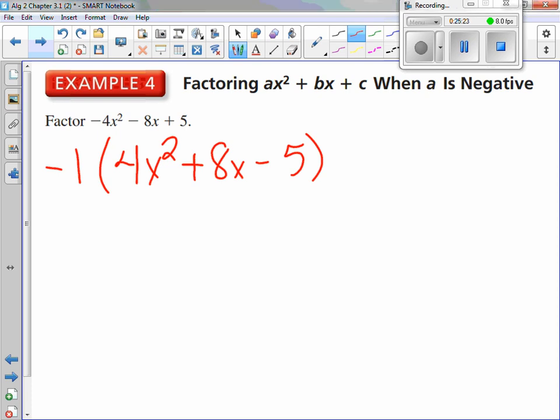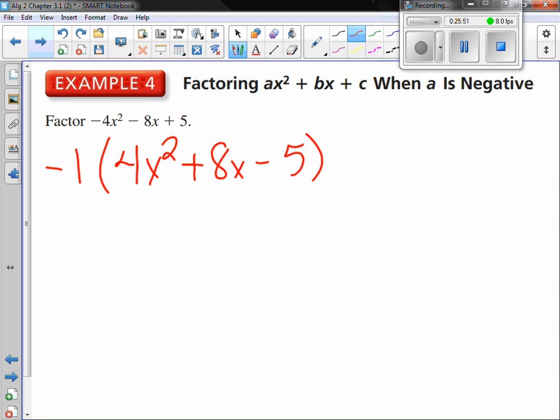Now, if it worked out there was a greatest common factor of like 2, we'd factor out negative 2. We'd factor out the negative with it. Now, from here, we're going to do the exact same things. The steps won't change. All we really did was we made sure a was positive.